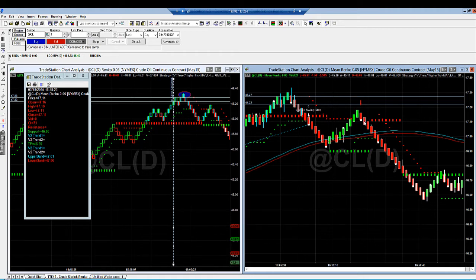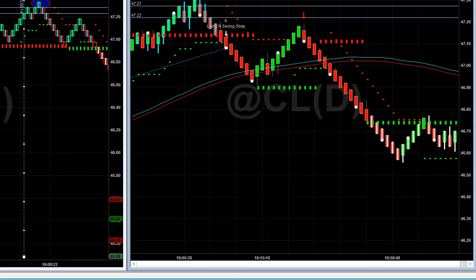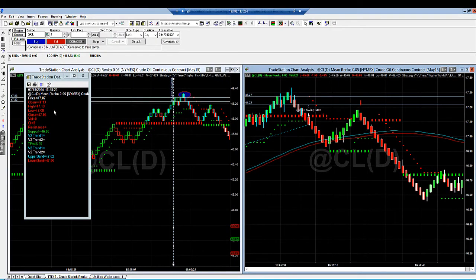The previous open was 47.16, so my new open will be 47.13 because it's a 3 point offset. For me to get a red brick, I need to move the 5 points, and it will print that opening price at 47.13. You can see there 47.13 and 47.08. So these are my 5 points.